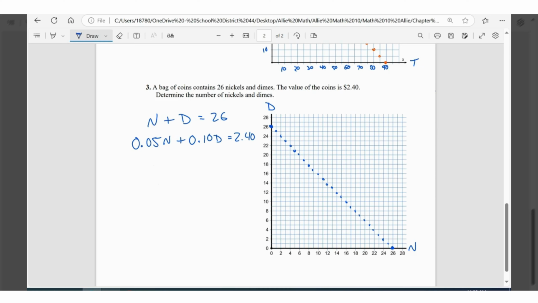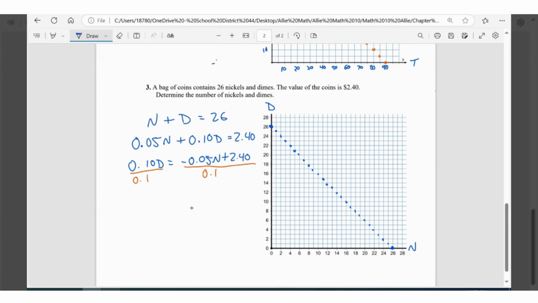There we go. And then the next one, I'll put this into slope-intercept form. I have our d on the y-axis, so let's move the n over. So I'm going to subtract 0.05n from each side, plus 240. And then let's divide by 0.1 and divide by 0.1.